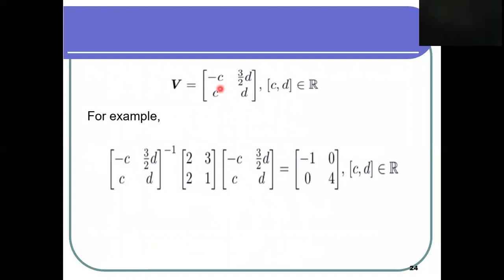This vector, with a as minus c and c remaining c, and b as 3 by 2 into d and d remaining d, is the eigenvector of the second eigenvalue, and this column vector is the eigenvector of the first eigenvalue, that is lambda 1. So ultimately we will get V, and if you multiply V inverse A and V, you will get diagonal entries which are nothing but the eigenvalues of matrix A.